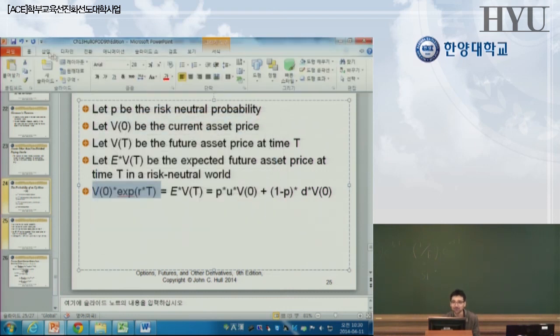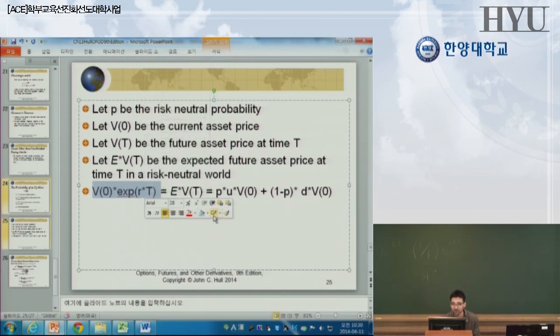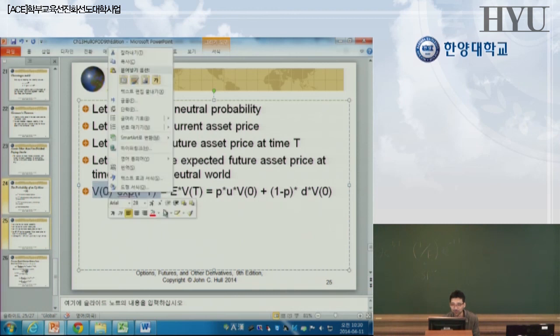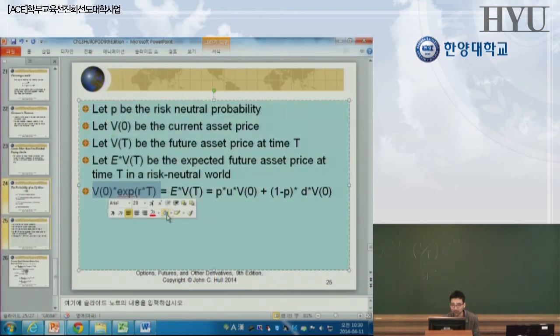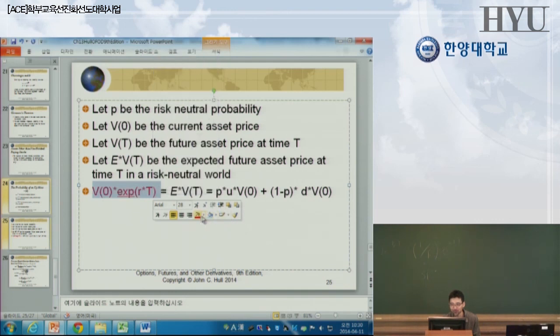Anyway, this one should be equal to this one, right? And this one should be equal to this.